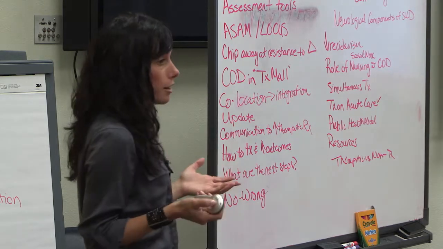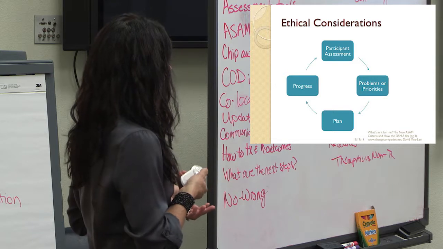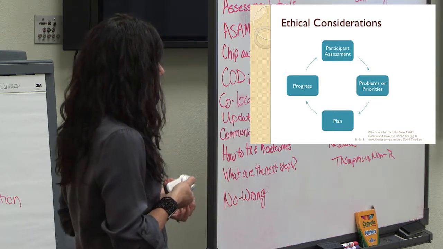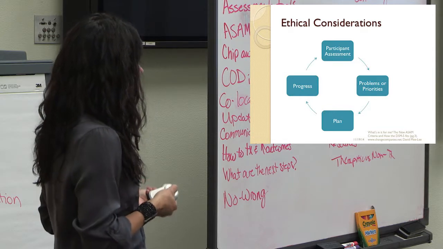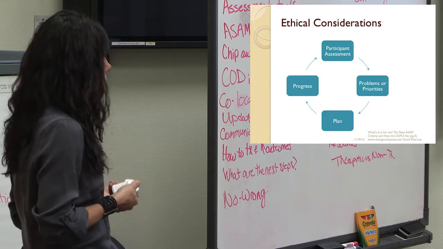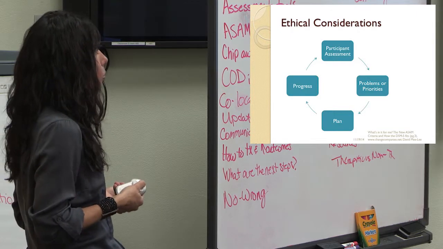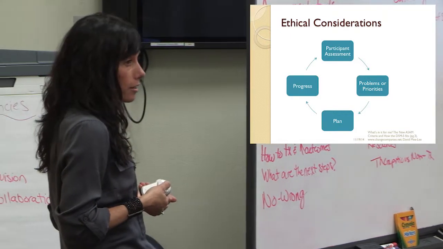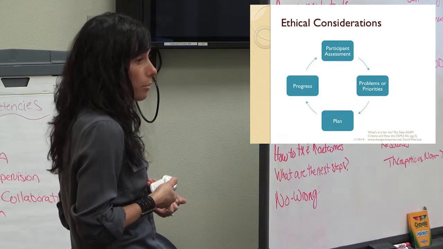So ethical considerations. It is an ethical consideration when you're looking at the participant's assessment, the problems or priorities, the plan, and the progress. So it's this consistent circle of what is going on with the patient, what are their problems, what are their priorities, how are we addressing them in the plan, and what has been the progress towards the plan?